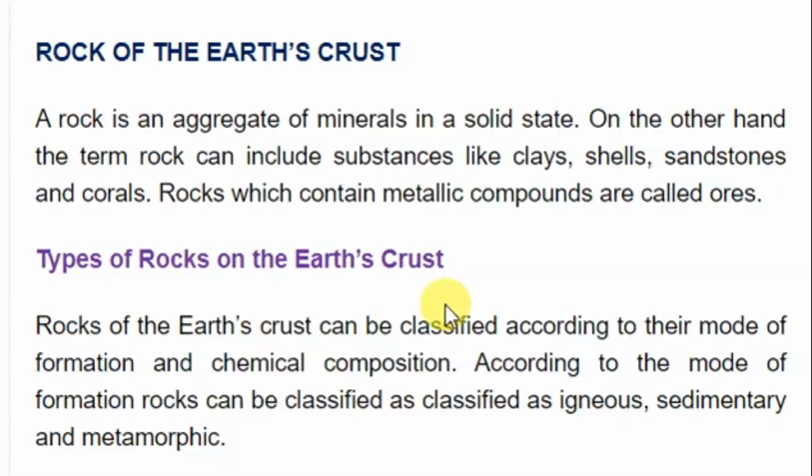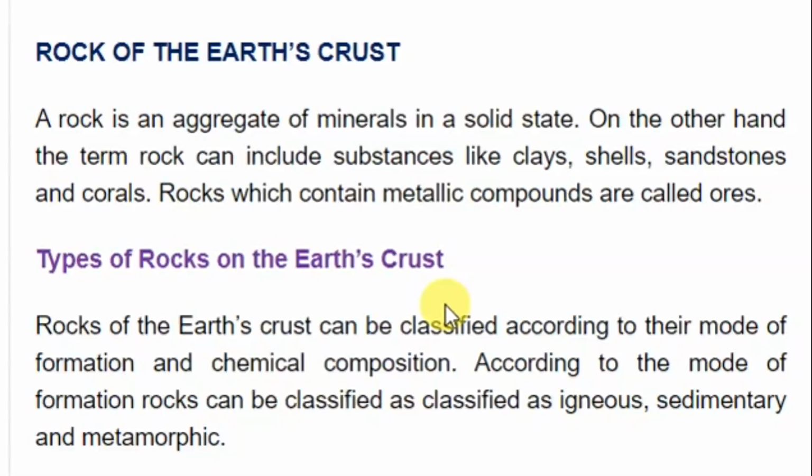Now, a rock is an aggregate of minerals in a solid state. The term rock can also include substances like clay, shells, sandstones, and corals. Rocks which contain metallic compounds are called ores.